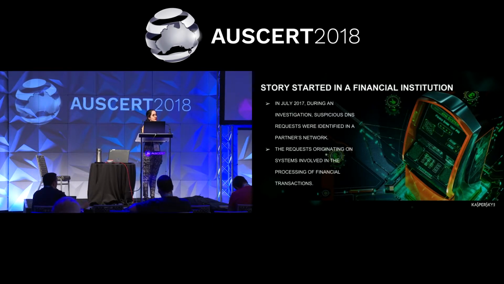How we started, how we knew about the attack, it was not from the NetSarang Computer company itself, but it was from a financial institution. It happened in July 2017.